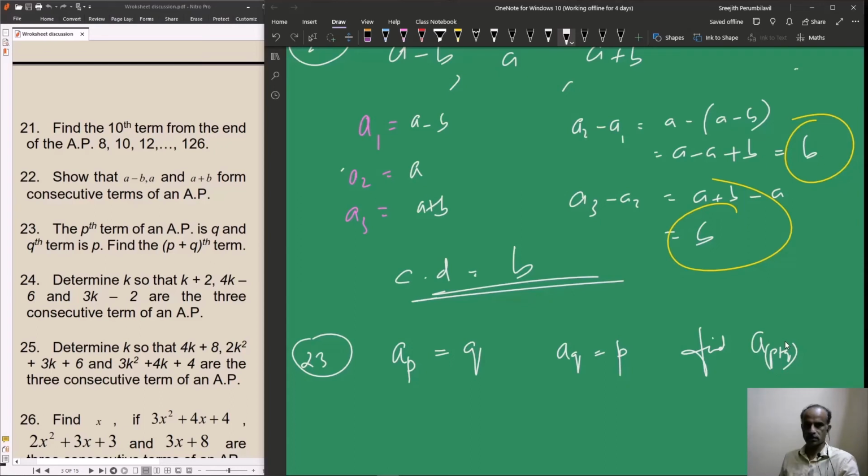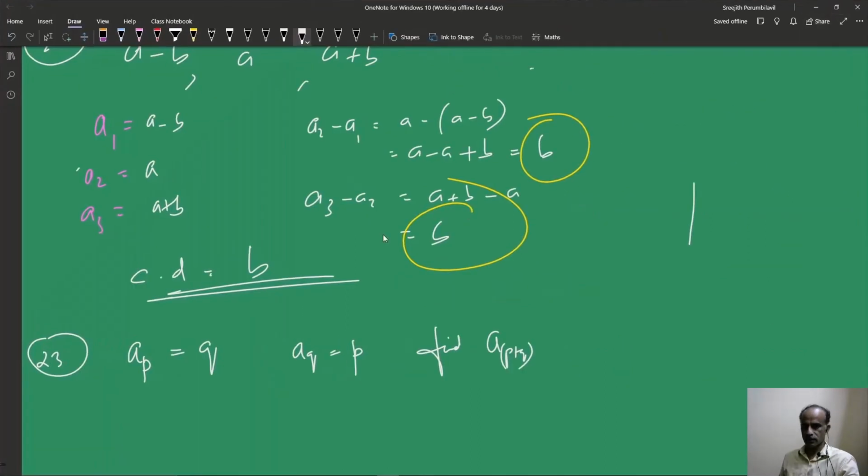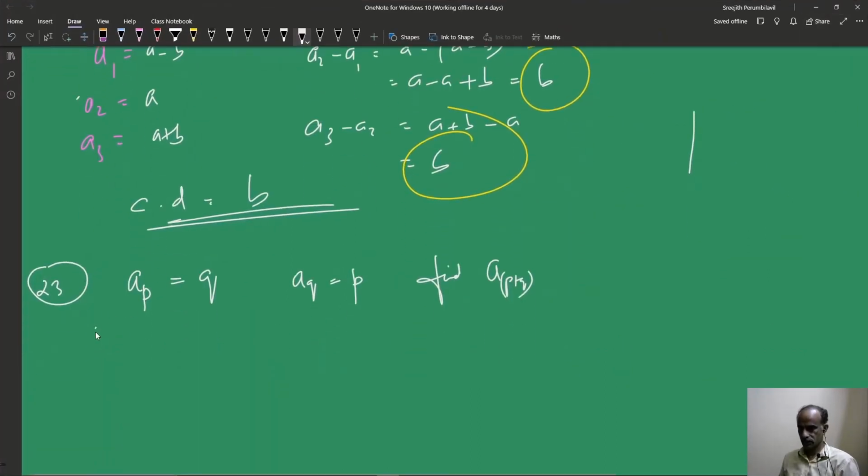What is this? I'll explain it once again. Pth term is equal to Q and Qth term is equal to P. For example, I'll just give 10th term, I'm just putting P is equal to 10 and Q is equal to 20.